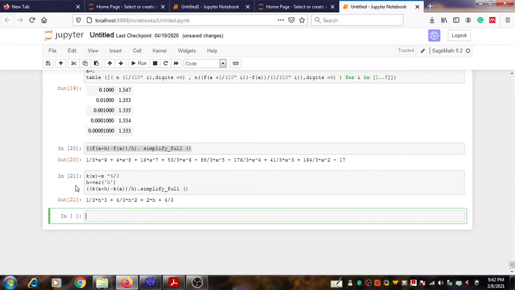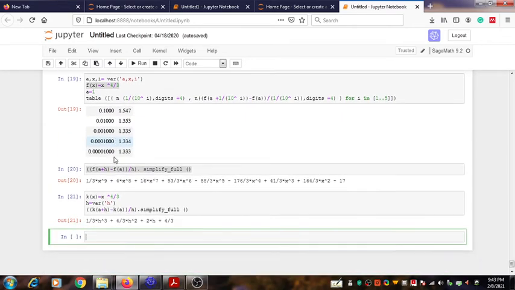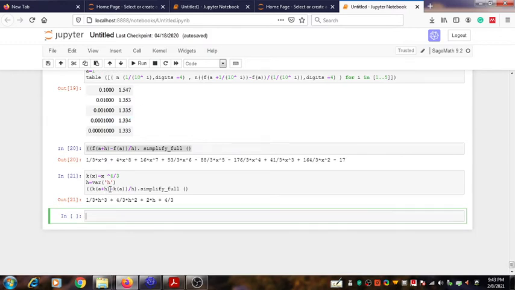In the input line, I define k of x equal to x raised to 4 by 3, and then I newly define a variable, because we want to tell the system that h is a variable. That was done here in the case of a, x and so on. But since we use h as a variable, and we want to tell the system that h will be used as a variable, this command is included.